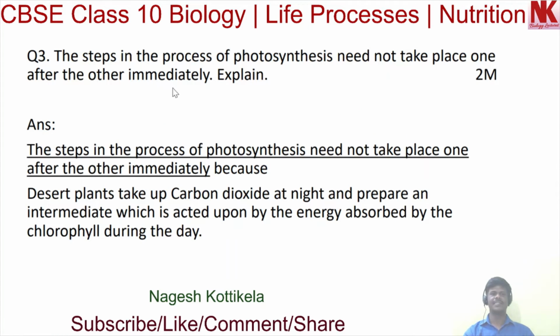Guys, here is the third question. The steps in the process of photosynthesis need not take place one after the other immediately. Explain. The answer can be written in this manner: the steps need not take place one after the other immediately, because of desert plants, which are taken as an example.